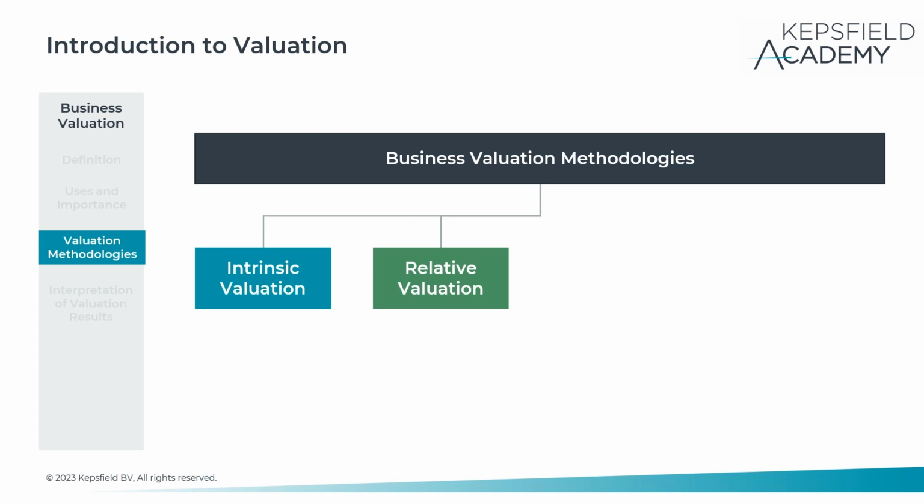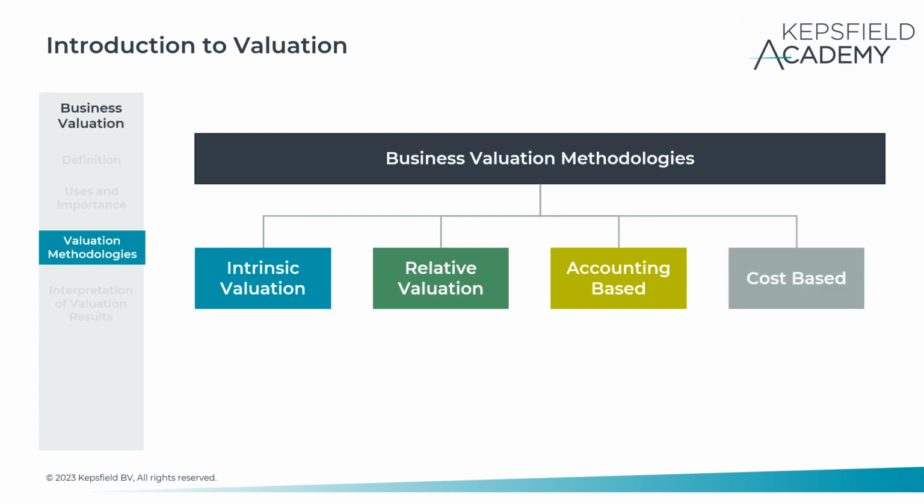Additionally, there are valuations grounded in accounting or book values, and those based on the estimated costs to establish a comparable company or asset. In practice, the methods of intrinsic and relative valuation are often applied simultaneously to provide a comprehensive understanding of a company's value.